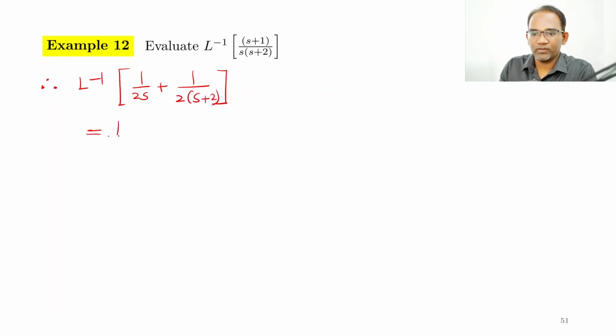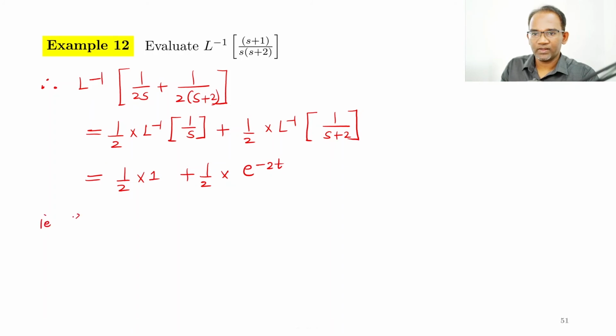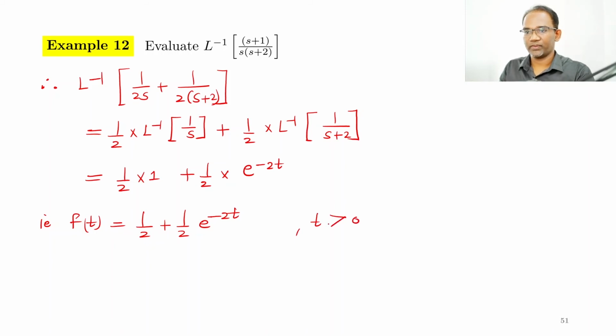This is equal to 1 over 2 times L inverse of 1 over s plus 1 over 2 times L inverse of 1 over (s plus 2). And this is nothing but 1 over 2 multiplied by 1 plus 1 over 2 multiplied by e raised to minus 2t. That is, f(t) equal to half plus half e raised to minus 2t, provided t is greater than 0.